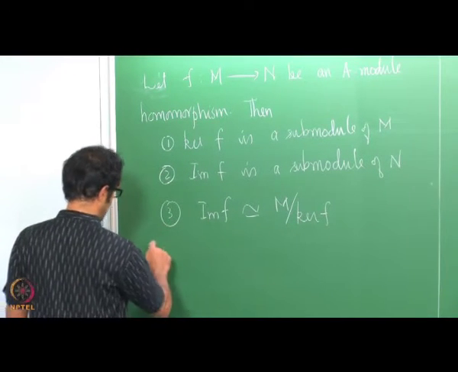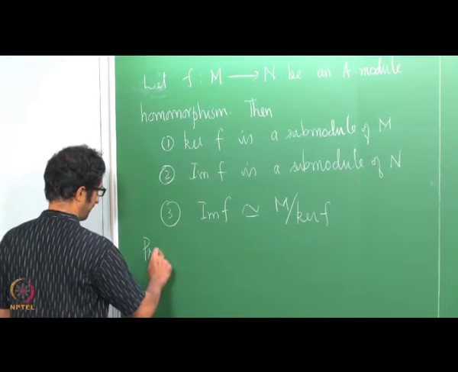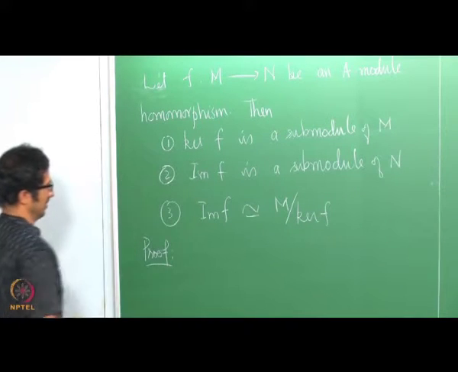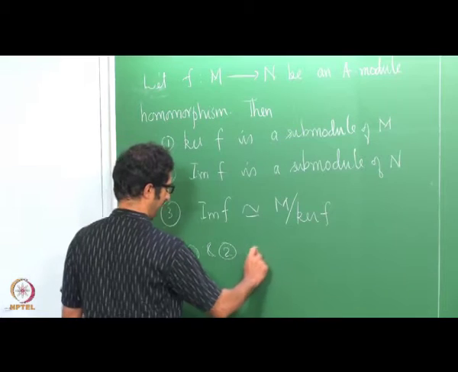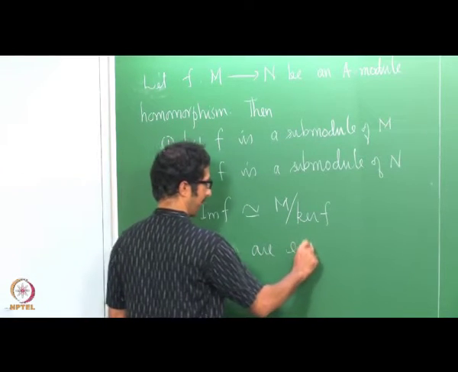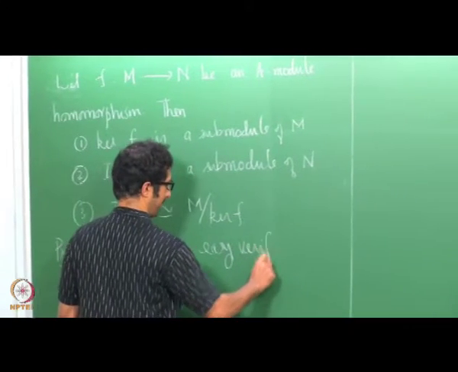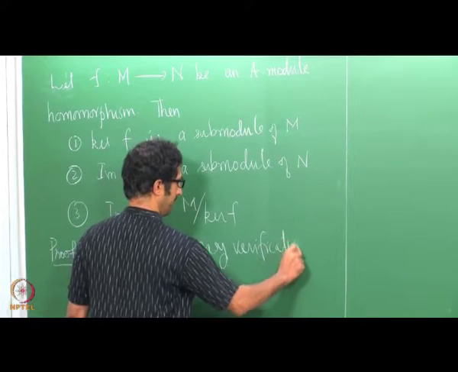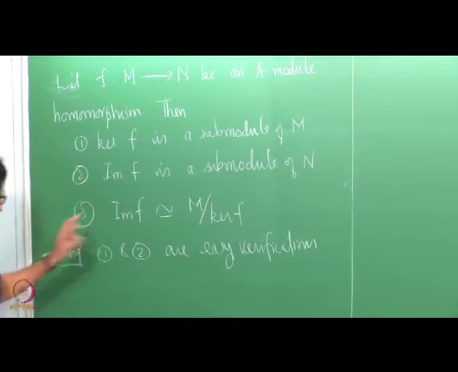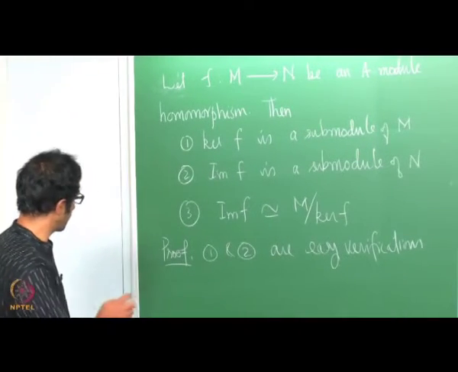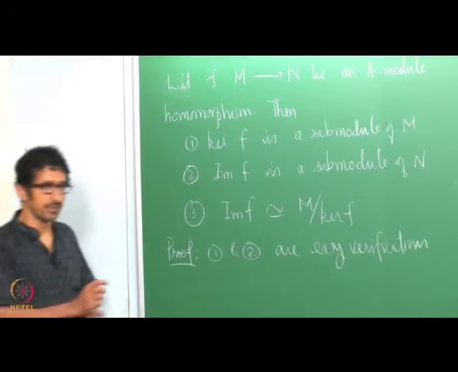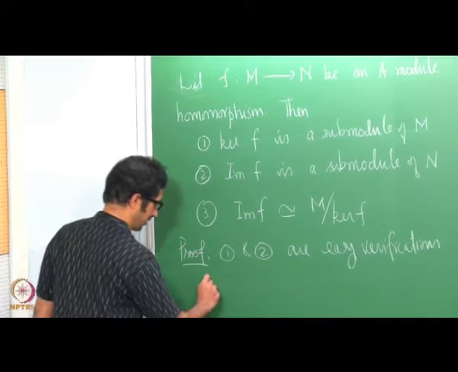So, I think 1 and 2 are easy verification. A proof for the third one you have seen for groups, probably for rings as well, but let us quickly recall.